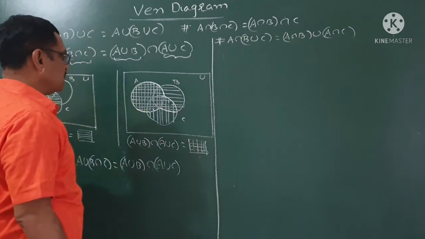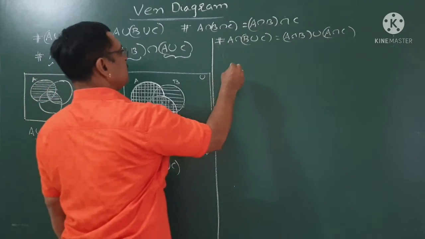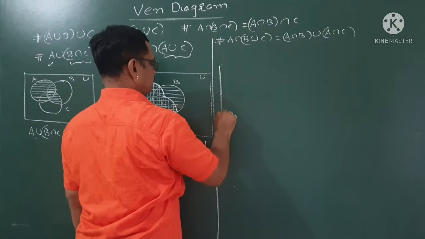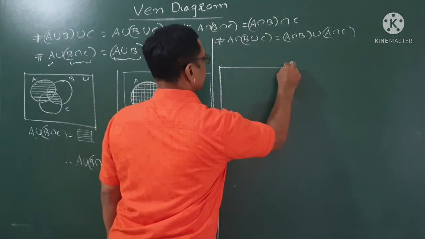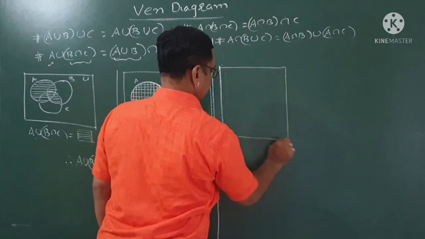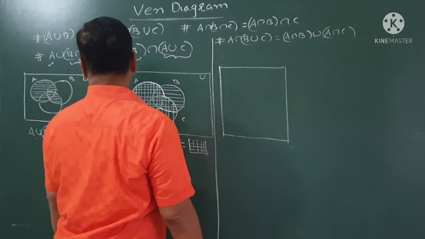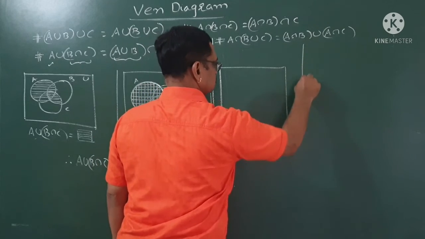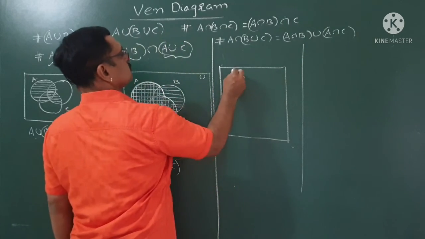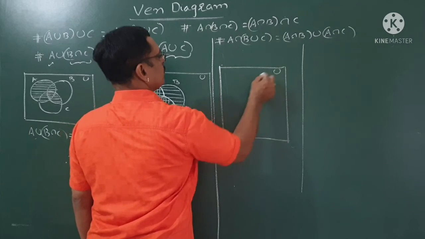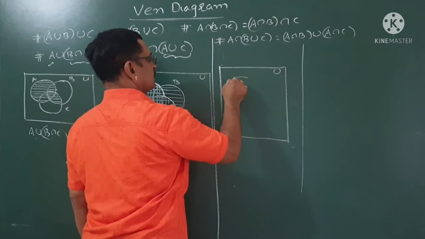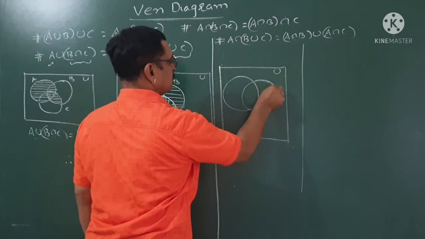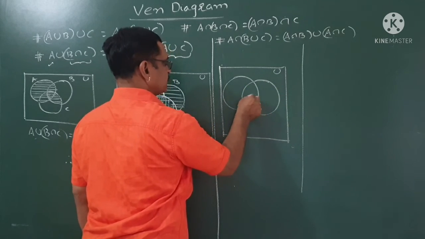Here also, as usual, I draw the first one, two rectangles. This is for U, as usual, three overlapping circles.